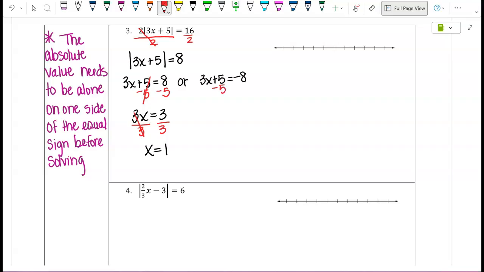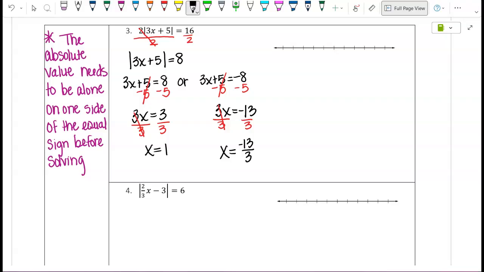I'm going to subtract 5 from both sides. So 3x equals negative 13 because I have a negative 8 minus 5. And again, I'm going to go in and divide both sides by 3. So x equals negative 13 thirds.